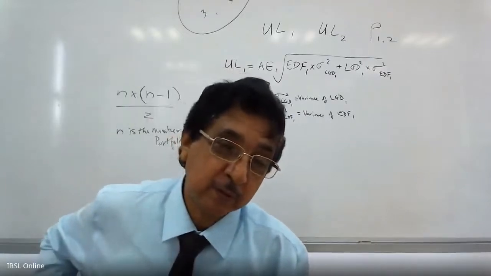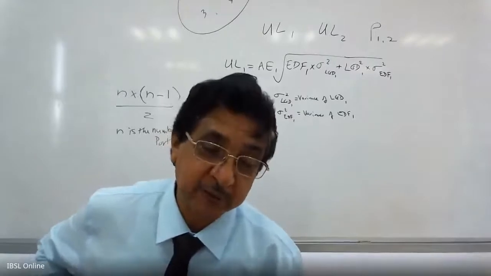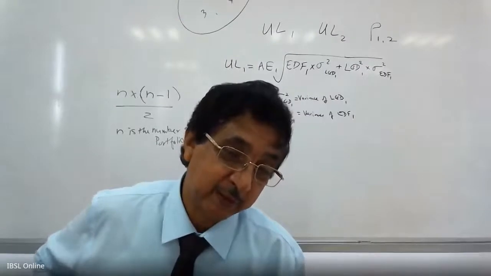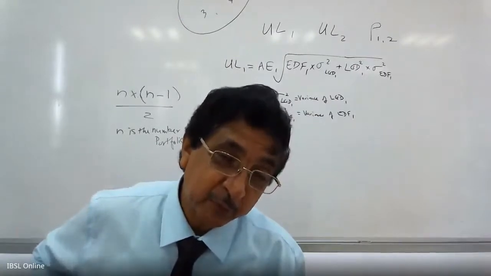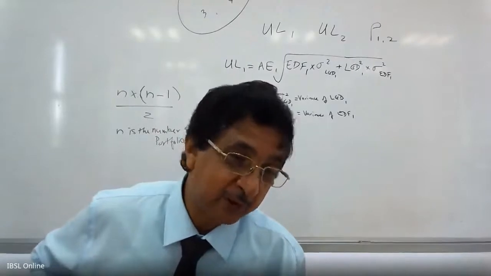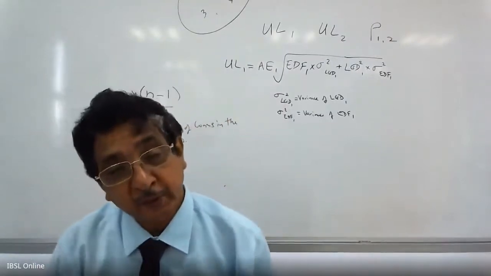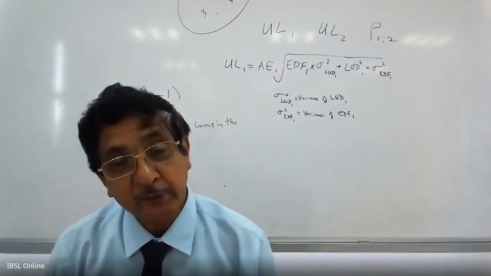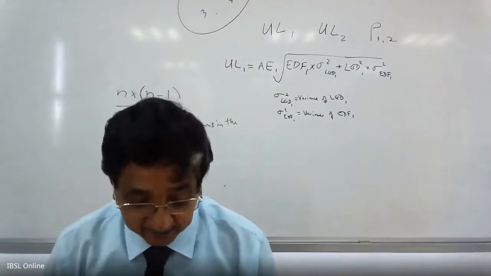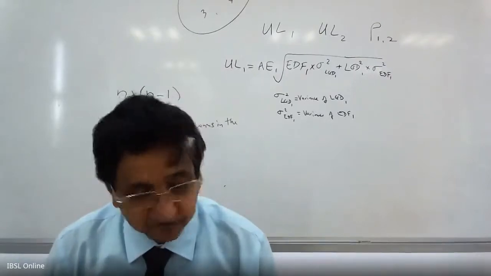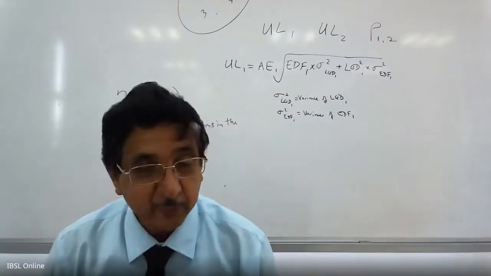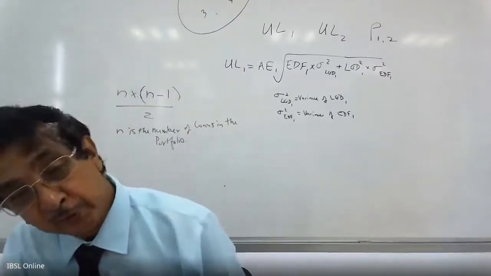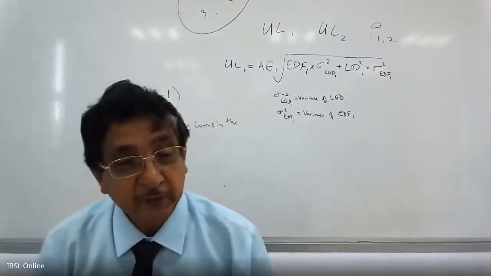Now, this methodology has to be used when you don't have the assumptions to work out the portfolio risk through the Vasicek model, because the Vasicek model is applicable only for portfolios which follow the assumptions. What are the assumptions? In a downturn type of situation, the correlation coefficient will be equal for each pair of loans, and the probability of default is also the same for each and every loan in the portfolio.